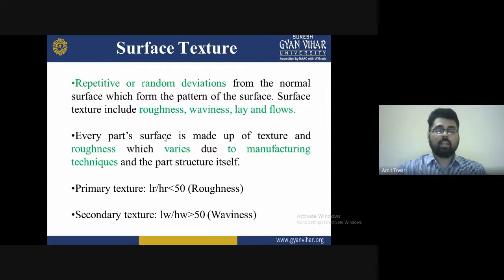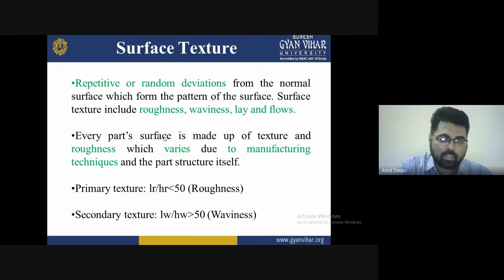If the surface has repetitive randomness or irregularity, it will be continuously obtained, whether before or sometimes after the machining. It indicates that roughness, waviness, or lay is present.